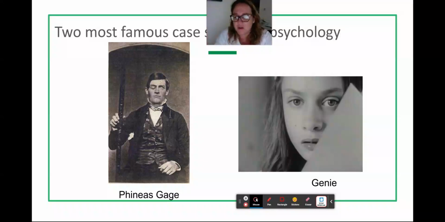He turned really aggressive. He started saying a lot of bad words. His personality just completely changed. The people around him saw a huge difference. So this case study led to even more research.